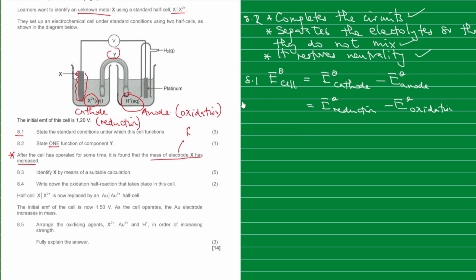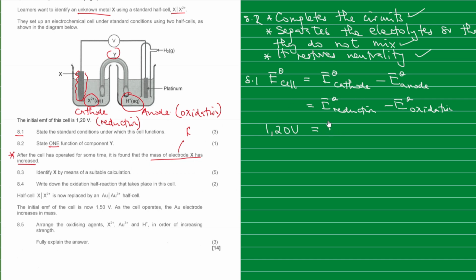So now here we are given that the initial EMF of the cell is 1,20, so we know the E standard for the cell is 1,20, so we can substitute 1,20 volt will be equal to the E cathode is the X that we are looking for.